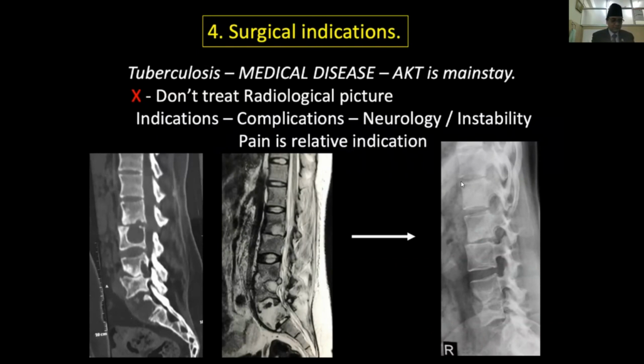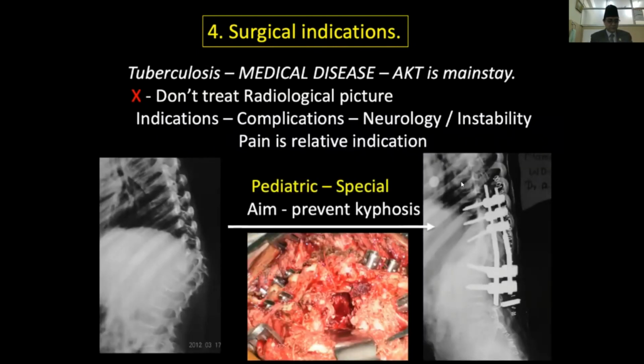Indications for surgery are very specific: neurology, instability, and deterioration of pain, which is a relative indication. There are certain special conditions like pediatric tuberculosis, which was already mentioned by the previous speaker, where the aim is to prevent kyphosis, and there are well described signs for this, like spine at risk signs.